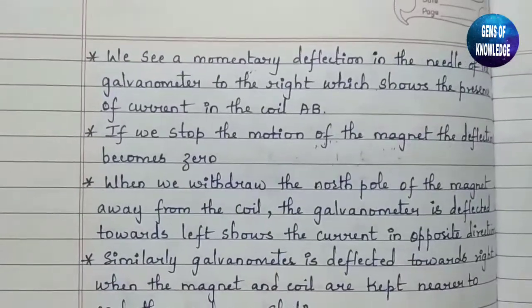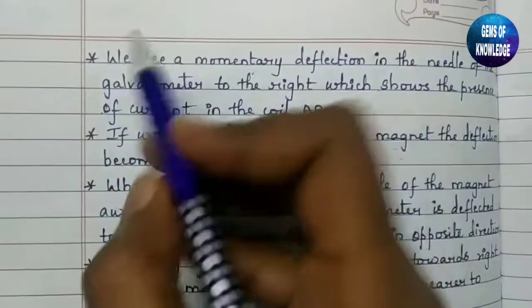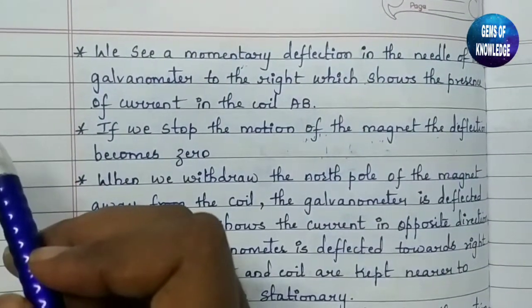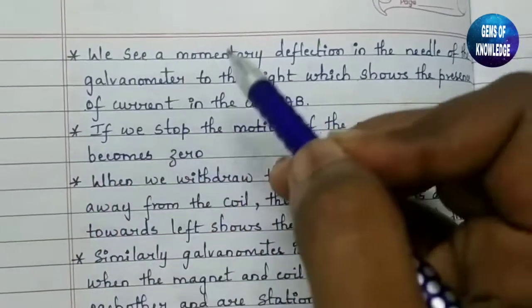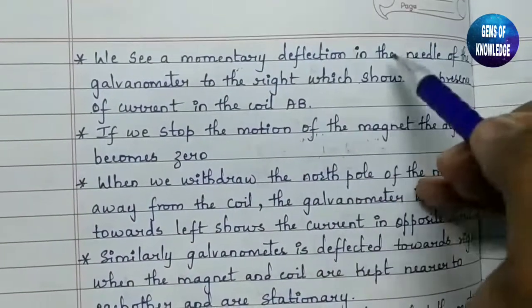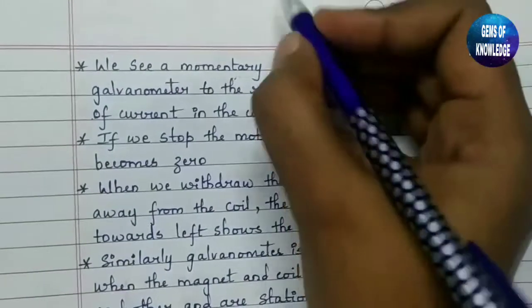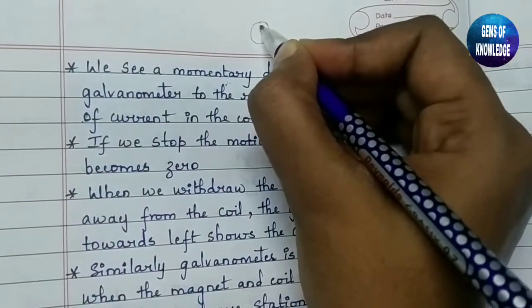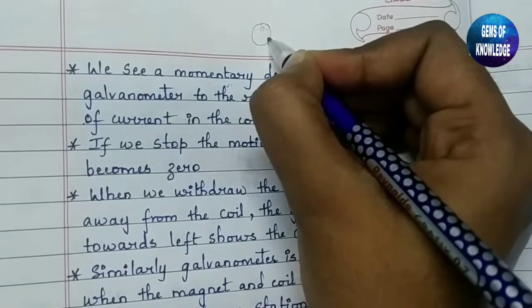Now, what happens when you move that bar magnet towards the end B is that we see a momentary deflection in the needle of the galvanometer to the right side. Suppose this is your galvanometer. Here it will be 0, and here the numbers increase, and here also the numbers will be present.